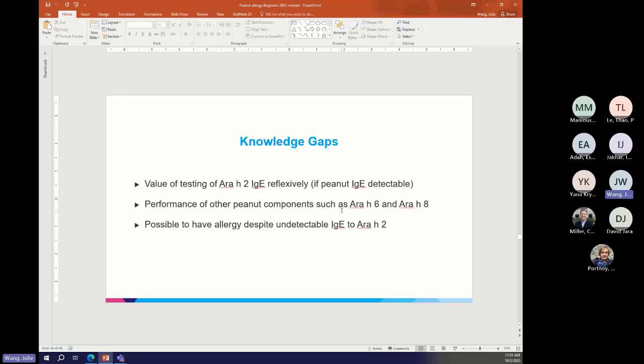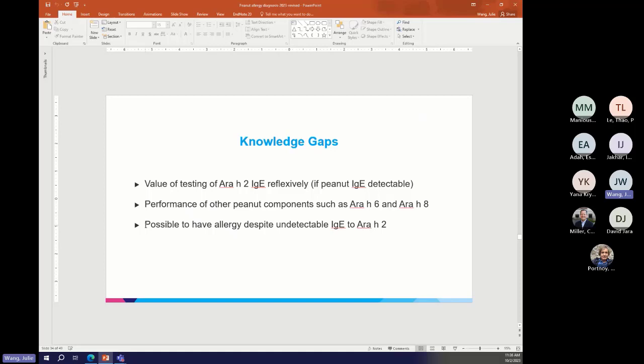We would benefit from having more data about the performance of other peanut components such as RH6 and RH8, because often for component testing, you get the whole spectrum of different peanut proteins. You don't just get the RH2 IgE level. And so more data is going to be needed to help us interpret the complex of if you have some positivity to the different peanut proteins.